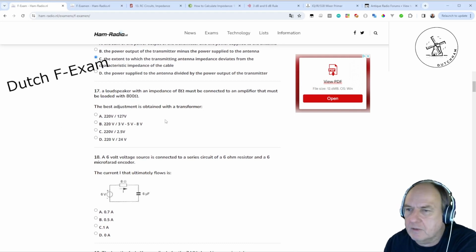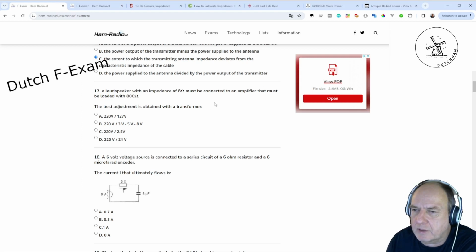Answer 17. A loudspeaker with an impedance of 8 ohms must be connected to an amplifier that must be loaded with 800 ohms. Best adjustment is obtained with a transformer.